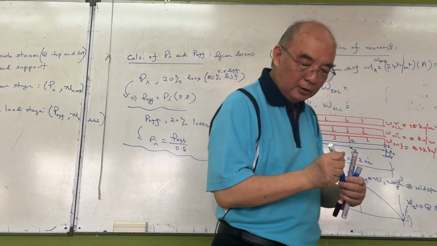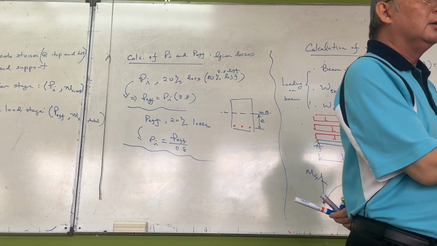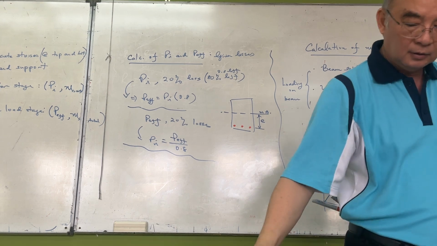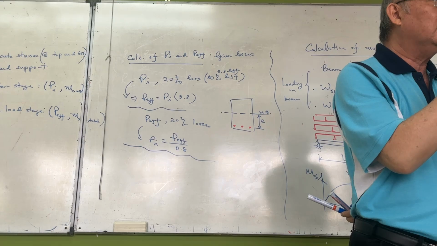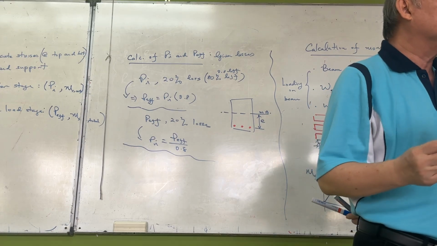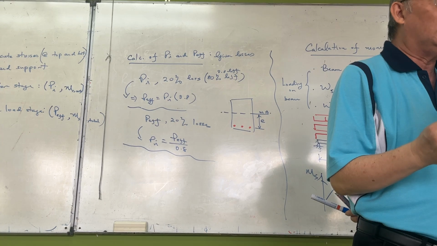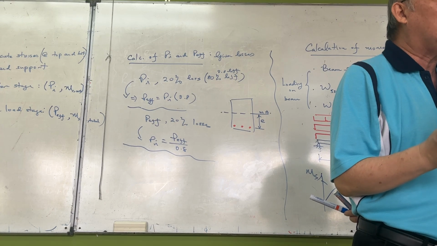So in this case, what is my E? The neutral axis is in the middle, to the centroid of the rebar or the strand. Here in this case, I give you the cover.